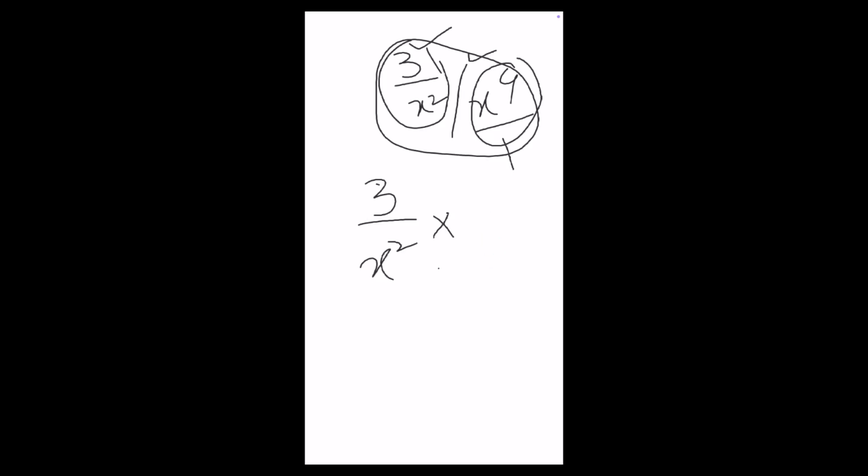So I am writing 3 over x squared, and if I write the multiply sign in place of division, I am writing x raised to power 4. Have I written it correctly? So what am I supposed to write here? 1 with x squared. Excellent. 1 divided by x raised to power 4.